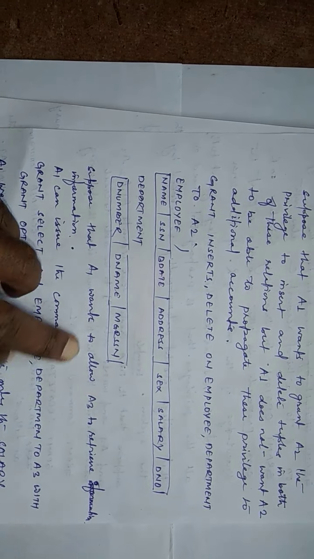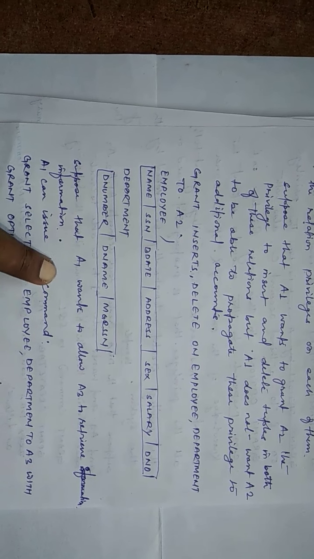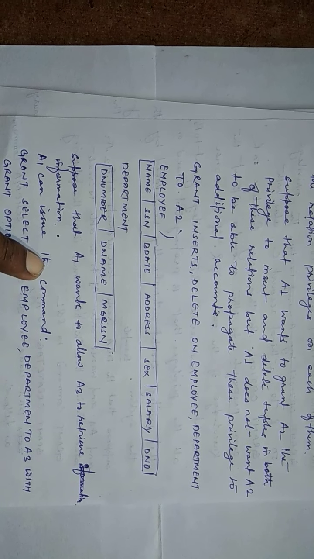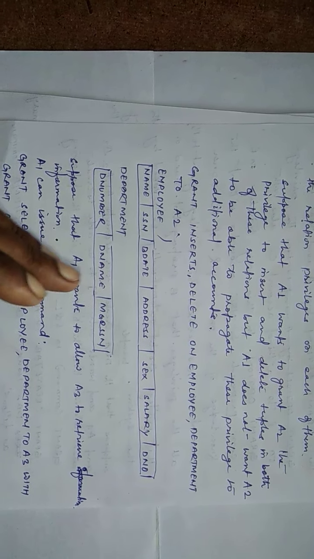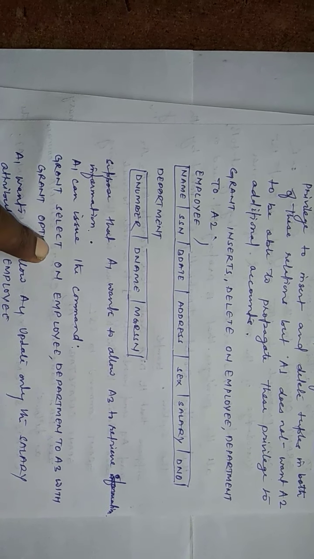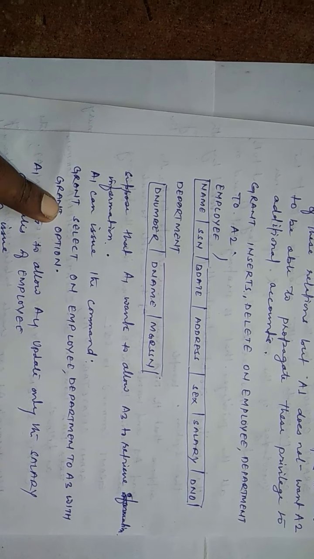Suppose that A1 wants to allow A3 to retrieve information. That means A3 can only retrieve information. Retrieve means only read the information. A1 can issue the command GRANT SELECT ON EMPLOYEE, DEPARTMENT TO A3 WITH GRANT OPTION.